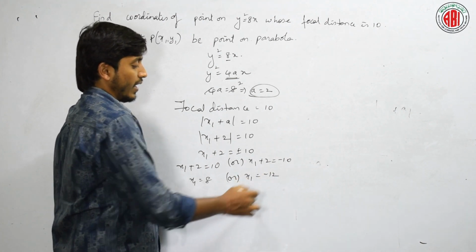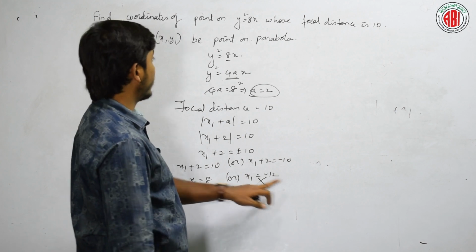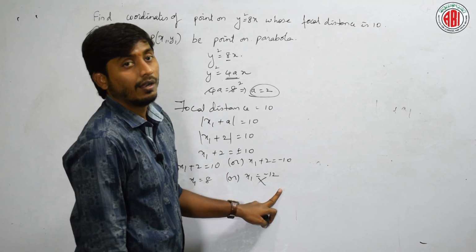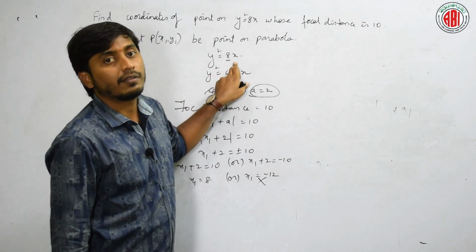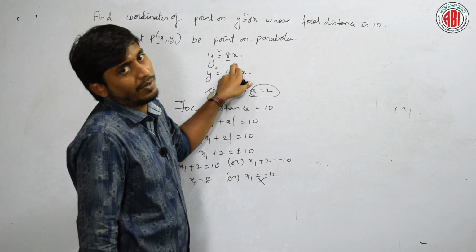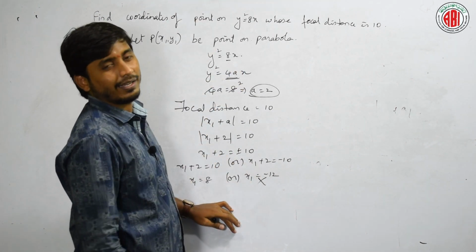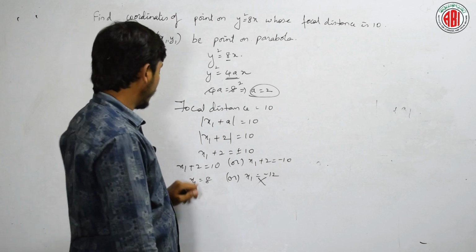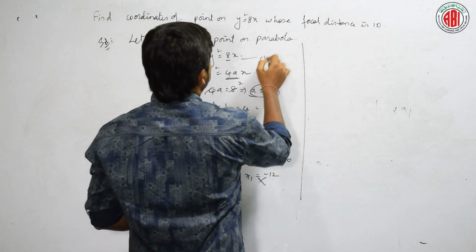However, minus 12 is not possible, let us consider only 8. Why is x1 equal to minus 12 not possible? If I substitute this minus 12 here, what happens? It becomes the square root of a negative number, which is impossible, right? So, let us take x1 equal to 8 and substitute in 1.